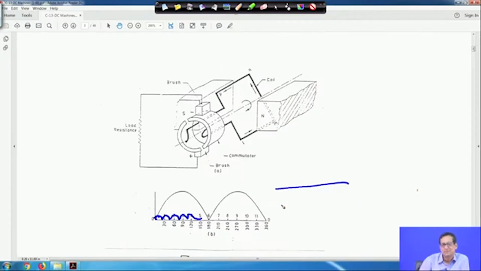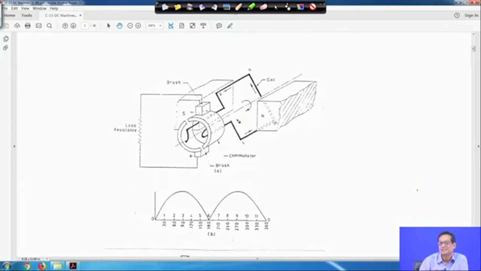But it is DC. So, this is the mechanism: every half cycle, when it is going negative, one side of the coil is automatically connected to the next brush, the negative side, such that the voltage always remains positive.